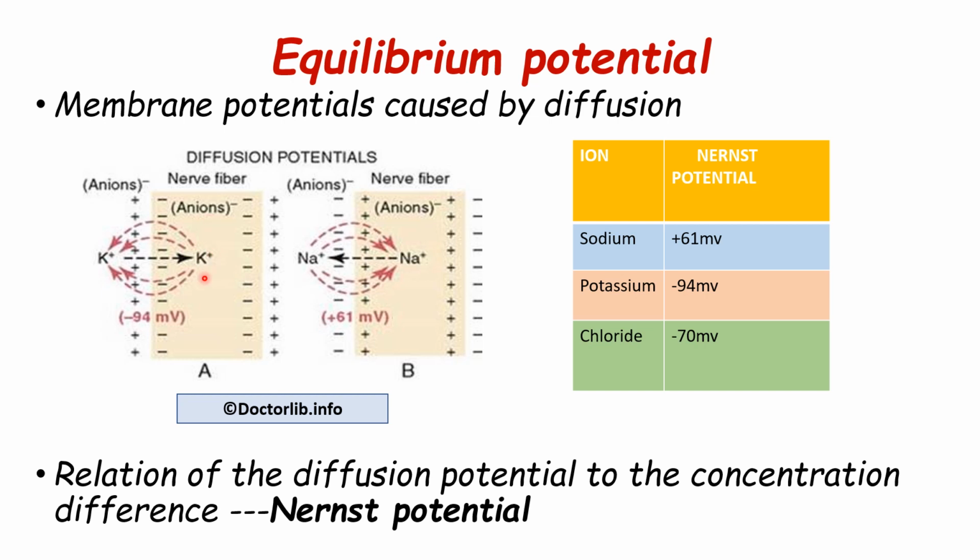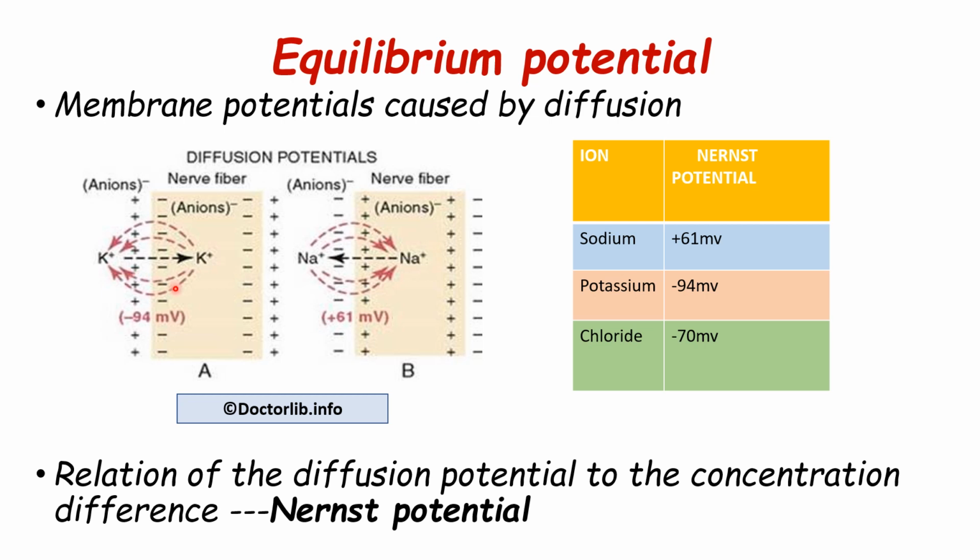Now what will happen? There is a concentration gradient from inside to outside, as a higher concentration of potassium is present inside the cell. So potassium will start moving outside along its concentration gradient through the leak channels.